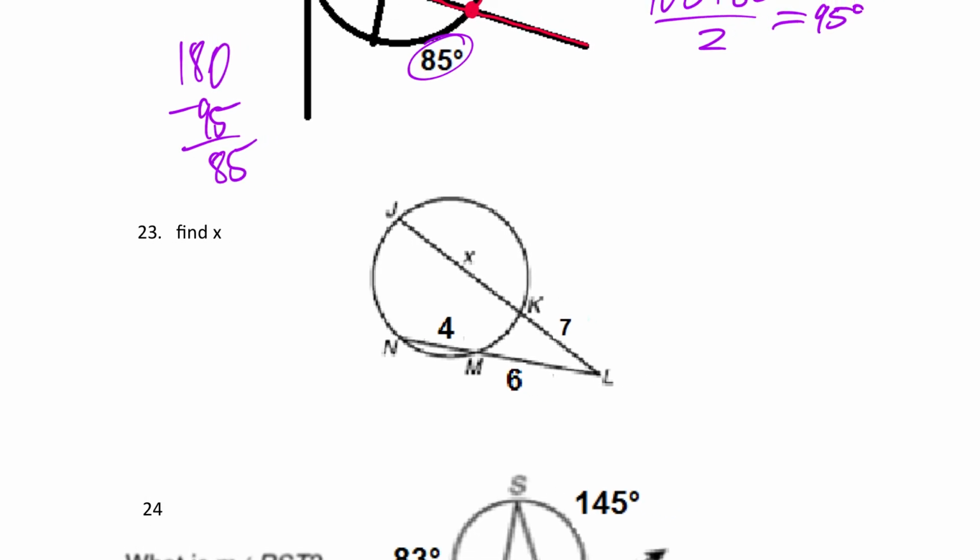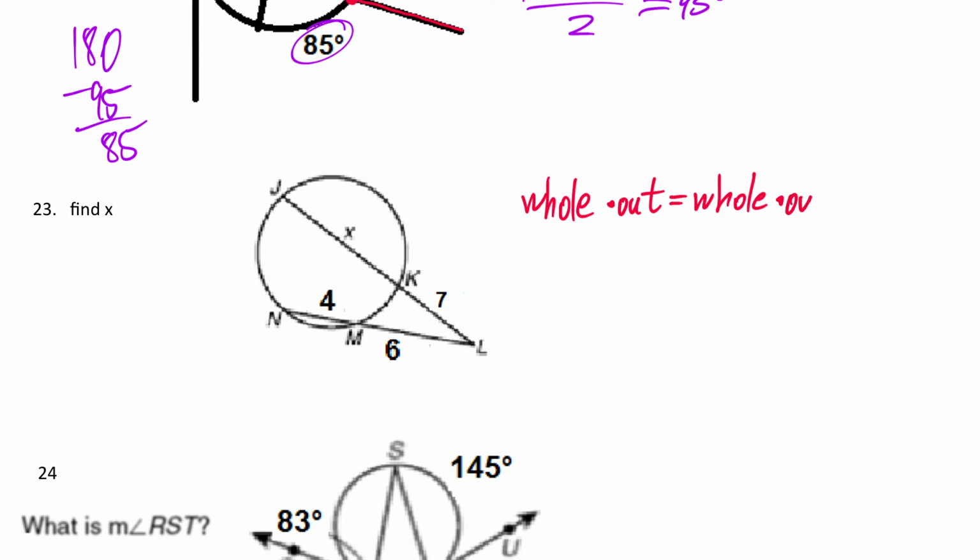Okay, number 23. So on this one, it's going to be whole times outside equals whole times outside. How long is this whole segment NL? 10 times the outside piece, 6.